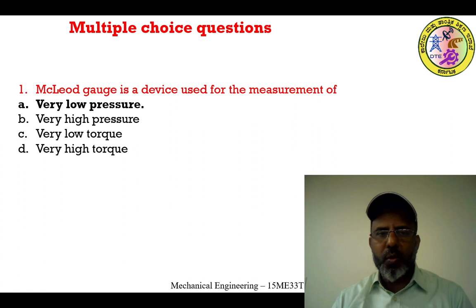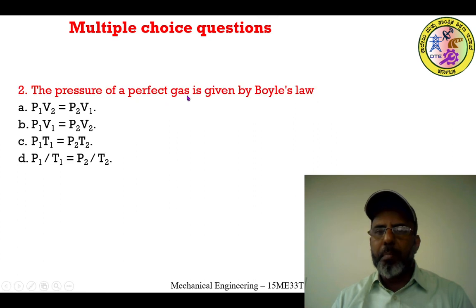Then the next question: the pressure of a perfect gas is given by Boyle's law. P1 V2 equals P2 V1, P1 V1 equals P2 V2, P1 T1 equals P2 T2, P1 by T1 equals P2 by T2.